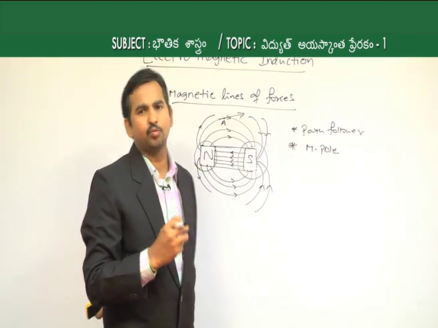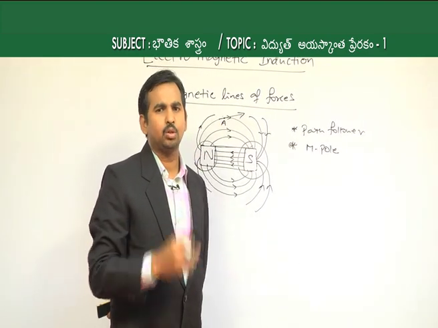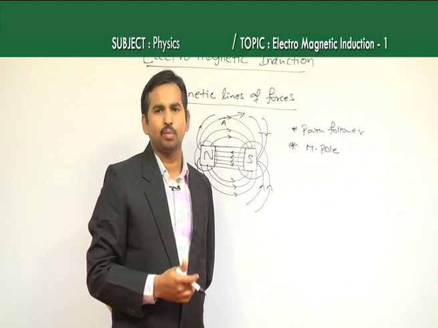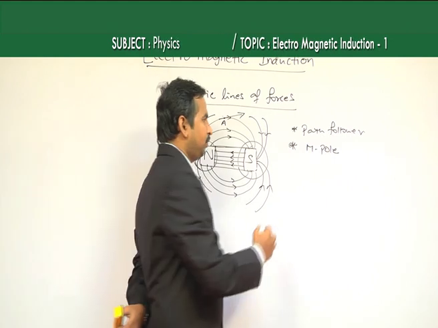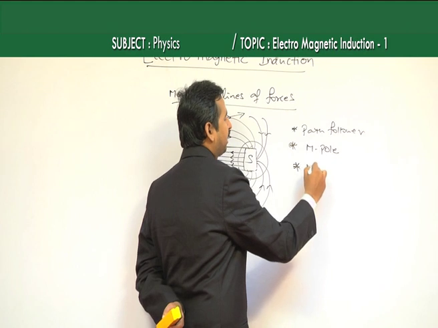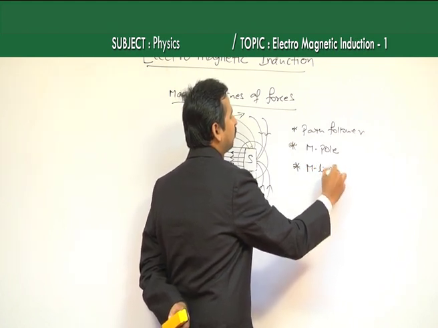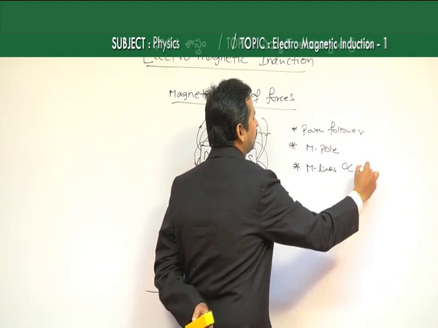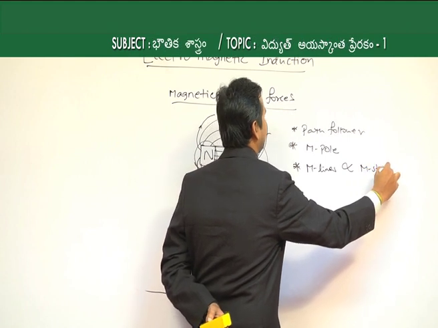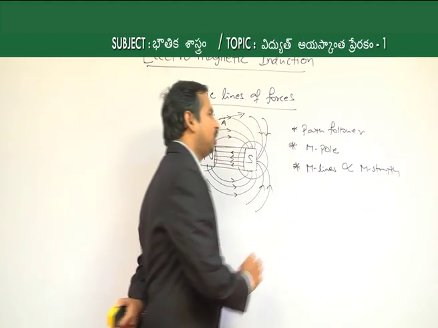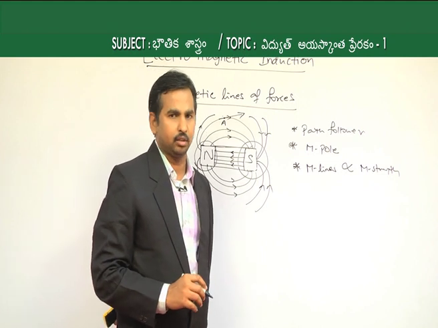The concentration of magnetic lines is more at that point, and we always have more magnetic field strength there, which means that the number of magnetic lines is directly proportional to the magnetic strength at that point.